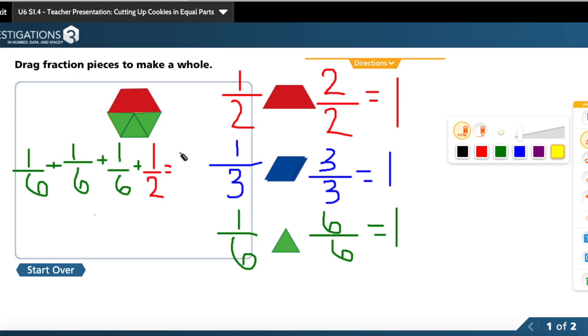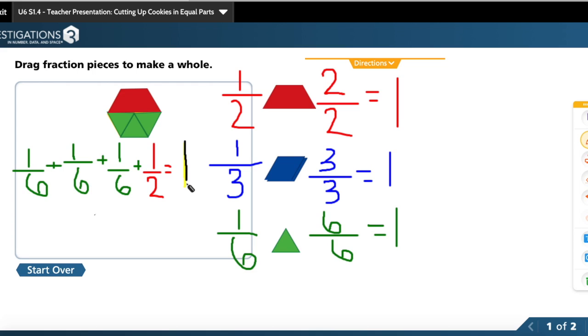So my whole. So if I had 1/6 plus 1/6 plus 1/6 plus 1/2 covers up my entire whole. I know it's kind of hard to see.